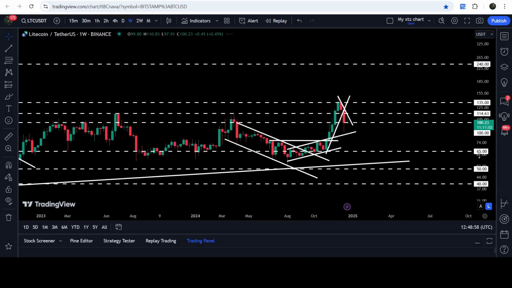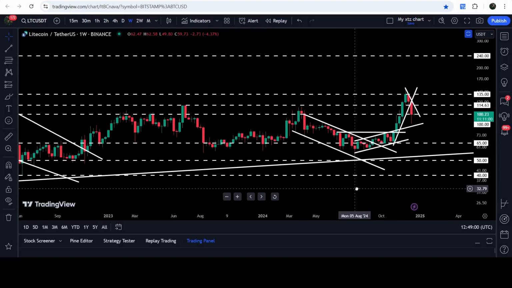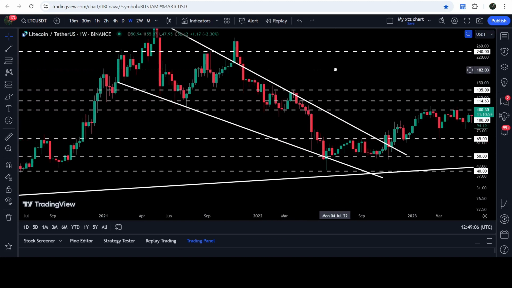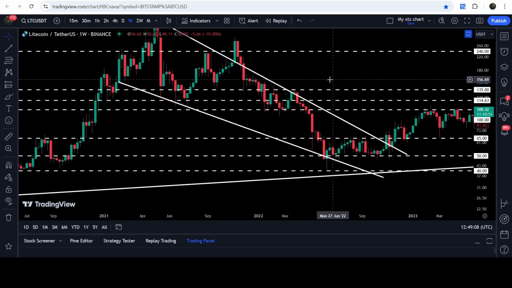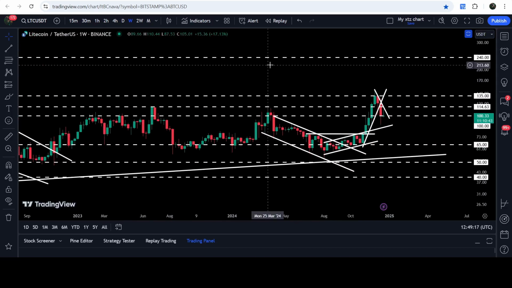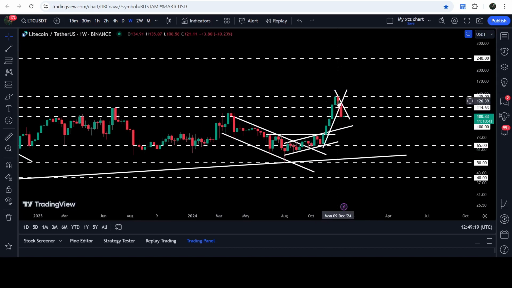If you take a look at the weekly time frame chart, then you can see that this $114.63 has been previously working as a very strong resistance here. And here it has been working as support as well. And this $135, the next resistance, has been previously working as a very strong resistance here, almost as a support here and support here. And recently it is again working as a very, very strong resistance.